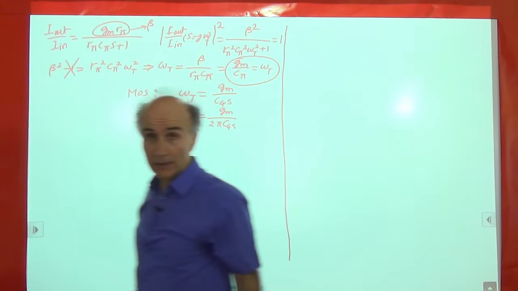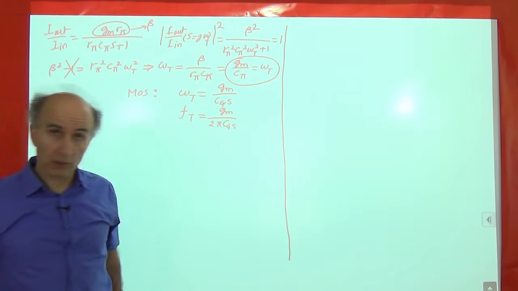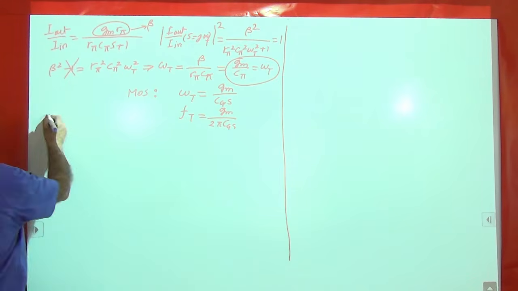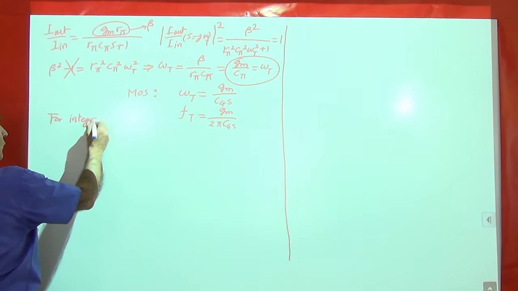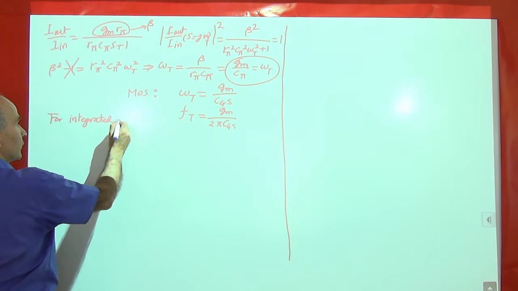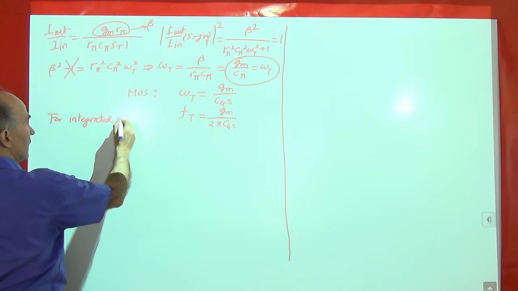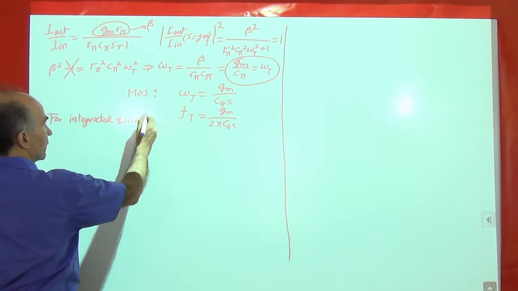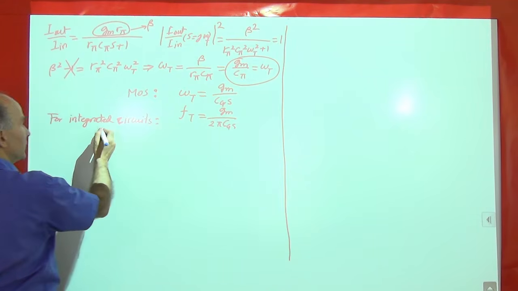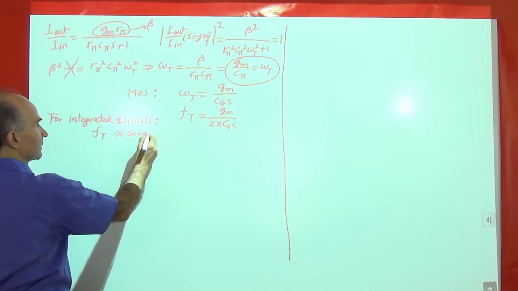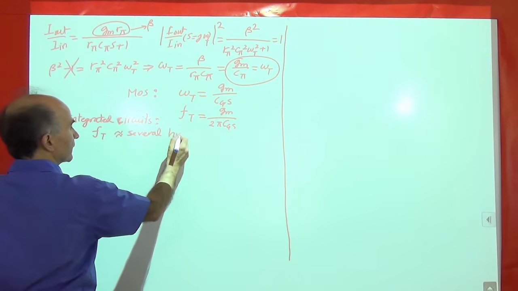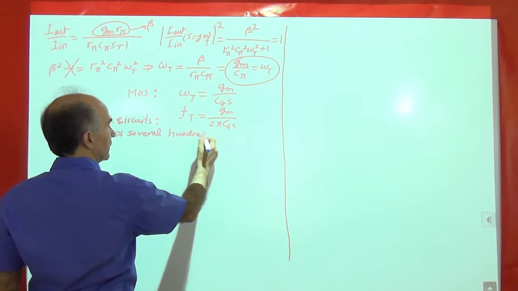Well, for integrated devices, the Ft's are quite high. So for integrated circuits, we have a CMOS technology or bipolar technology. The Ft's are in the range of several hundred gigahertz.